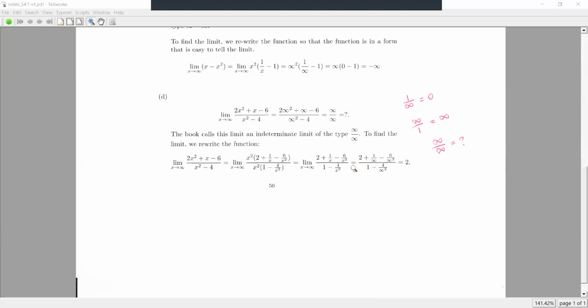Or you can say that directly plug in infinity in x, then we get this. 1 over infinity, 0. 6 over infinity squared, 0. 4 over infinity squared, also 0. So 2 plus 0 minus 0 over 1 minus 0. So the limit is 2.